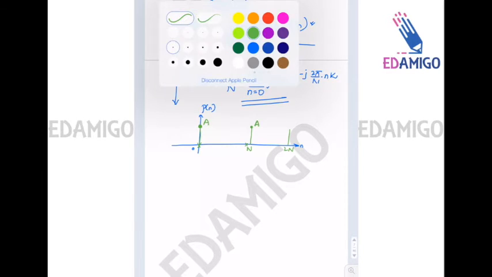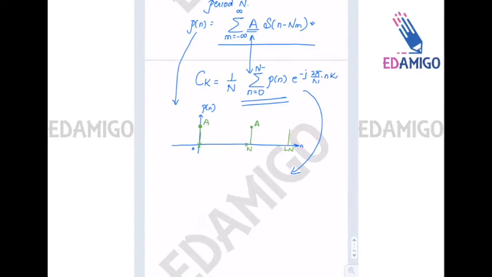So in this summation for Ck, in one period Pn can be written as A delta n, summed from 0 to N minus 1. This delta n is valid only at n equal to 0, so in the whole summation we put n equal to 0.